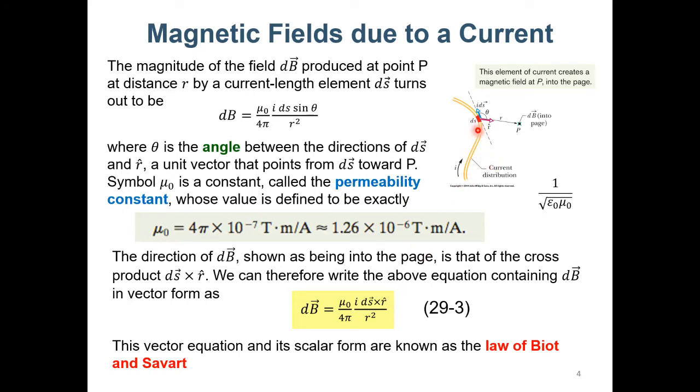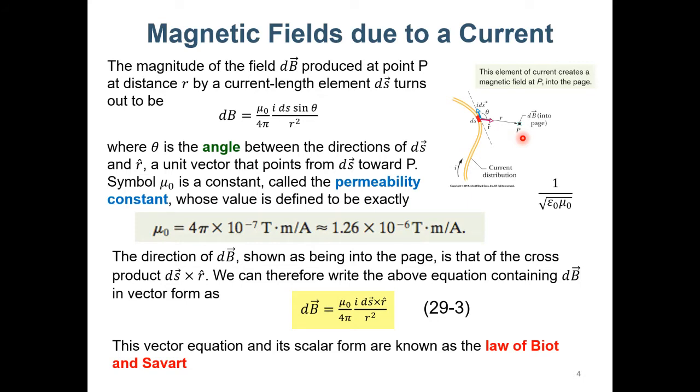And r is a vector from ds to the point you consider. Here we calculate dB at this point due to this part. ds points in that direction, and r is from here to P. This is the magnitude of r, and the direction is from here to here.